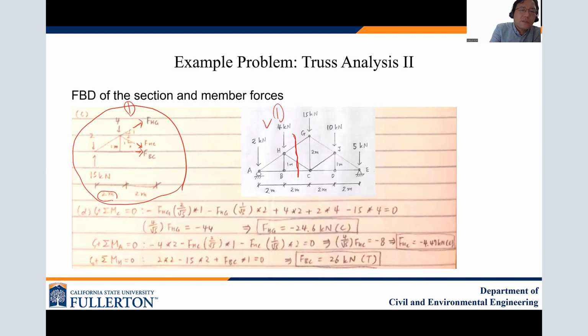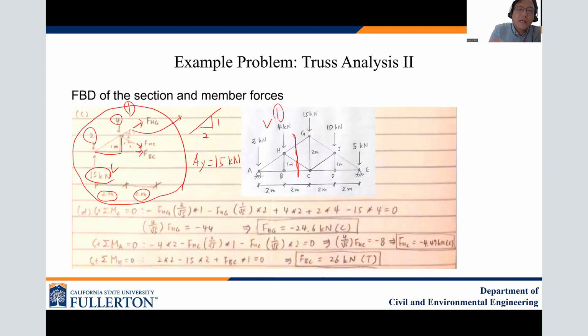So there's this distance, and then 15 kilonewton. You remember that the AY value is 15 kilonewton, so put this one in. And then we put in all the external forces. This next part is very important. There's a slope, and actually this one is 2 to 1, because this is 2 meters and this is 1 meter.